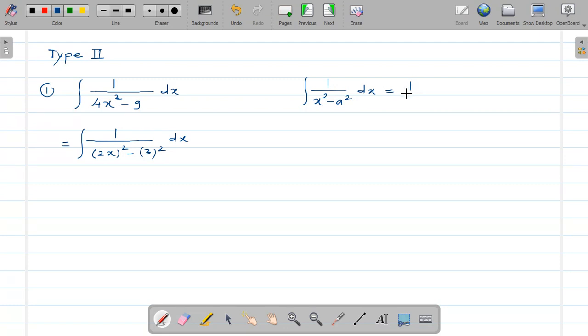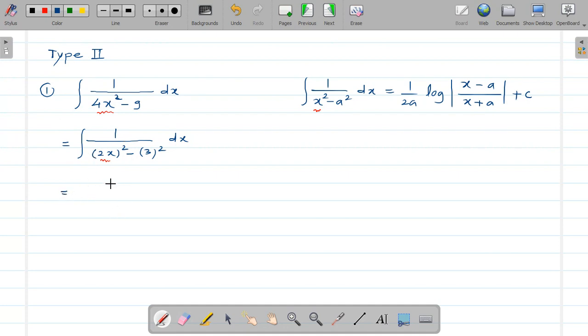And we know that it is 1 upon 2a log of modulus of x minus a upon x plus a plus constant. But in this result, if you observe, the coefficient of x square is 1. But in this example, the coefficient of x square is 4, and that can be converted into 2x bracket square. Now if you want to apply the result here, then how will you apply it?